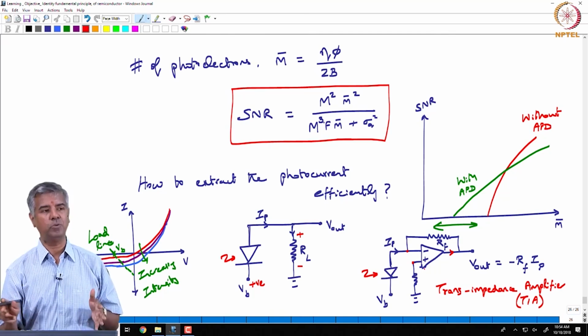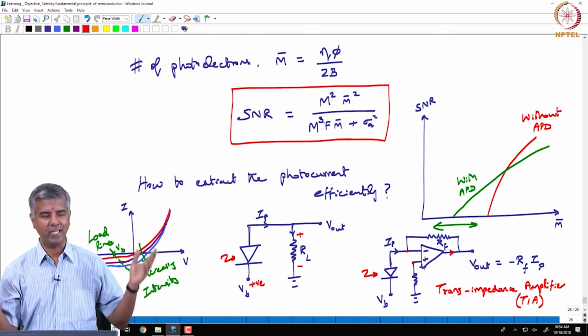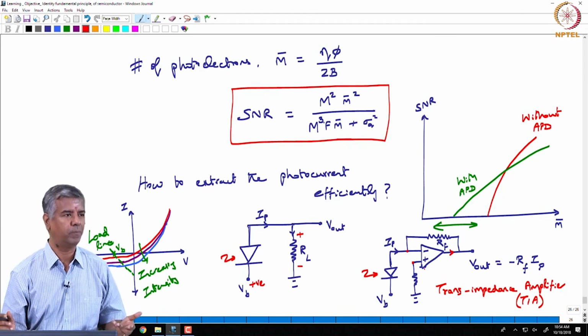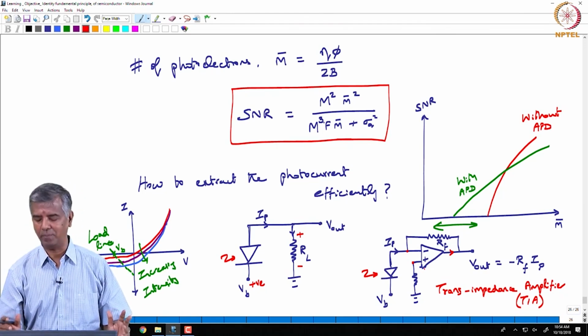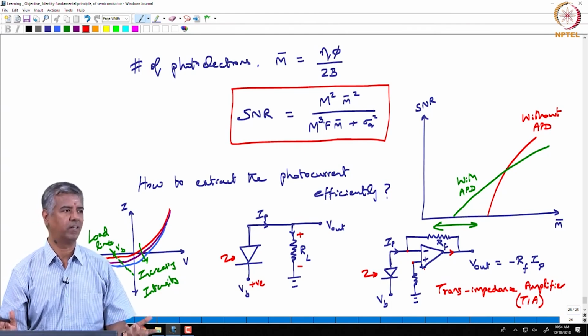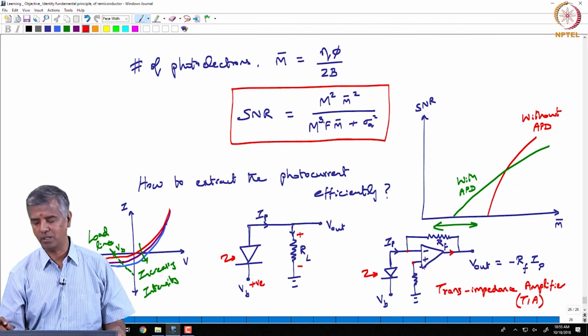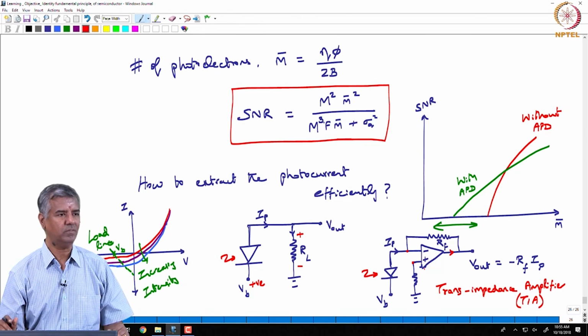If you have come into a condition where you are generating much more photocurrent than what the op-amp can supply, then you are in trouble. But that usually does not happen, because the photocurrents that you generate are in the order of milliamps, and the op-amps can easily provide tens of milliamps. Okay.